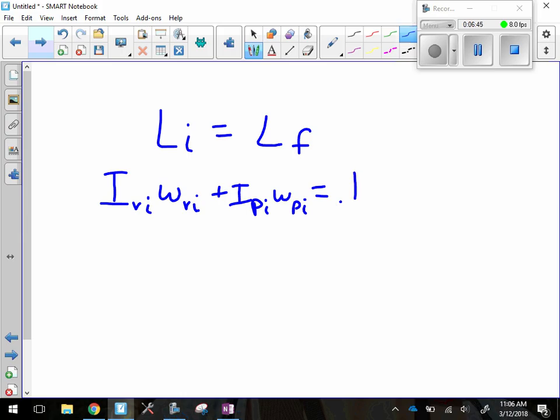And I'm going to have I omega for the record final, and I omega for the putty final. It is part of my system, though. I'm going to make it go to 0, but the putty is part of my system and should be listed there. Sure. I wouldn't erase it, but it can go to 0 because it's not moving in my system. Okay.